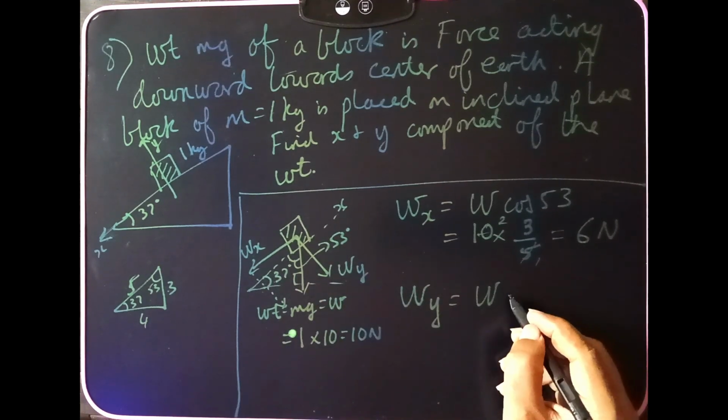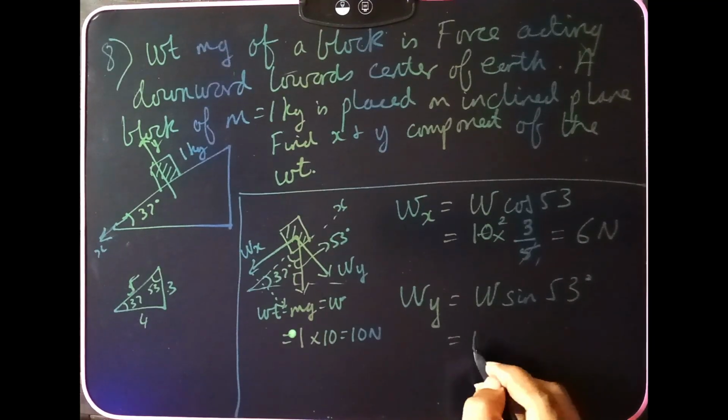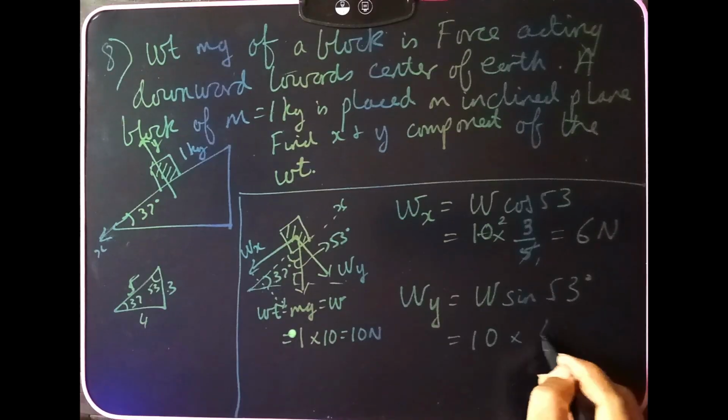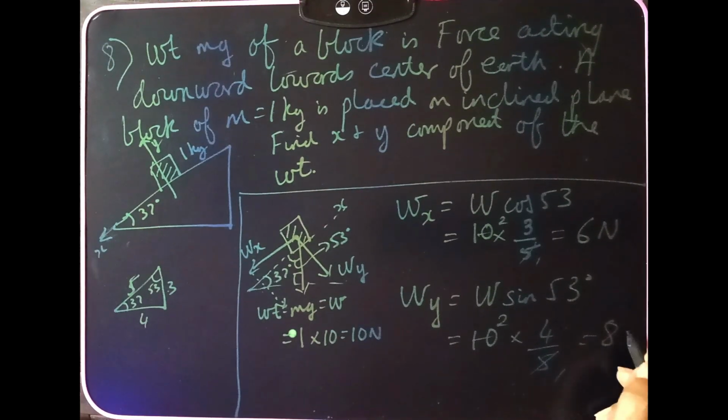So W opposite means sine of 53. W is 10 into sine of 53, which is 4 by 5. So this will be 2, and this will be 8 Newton.